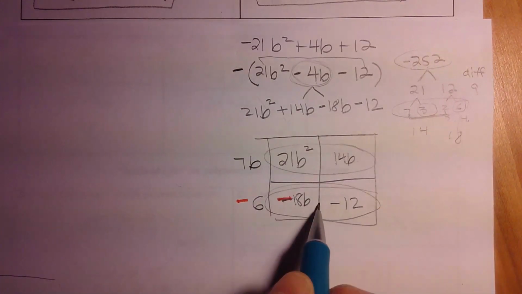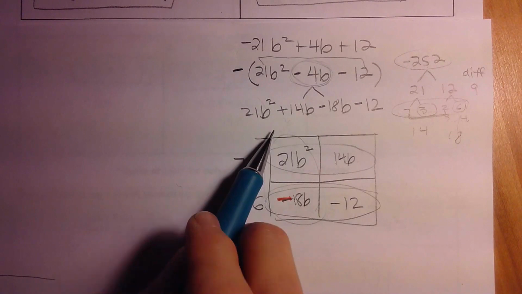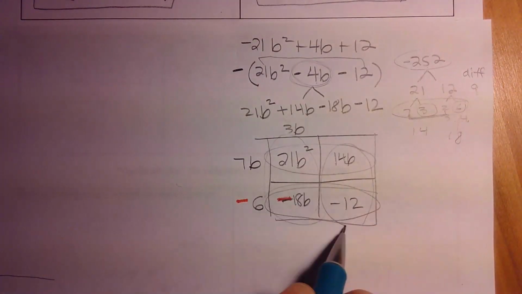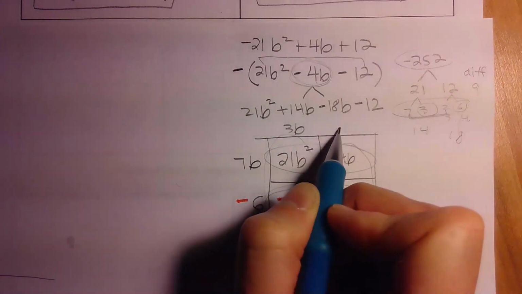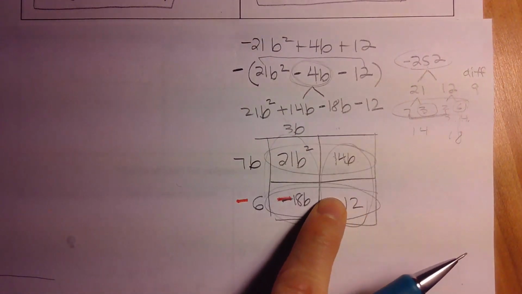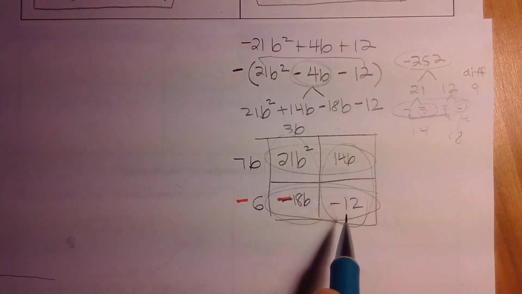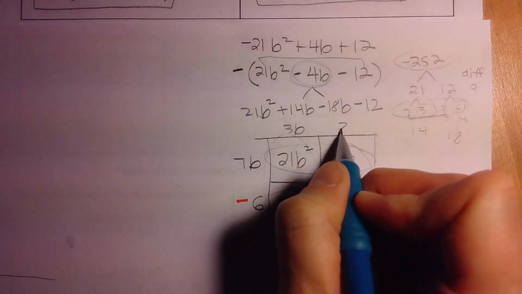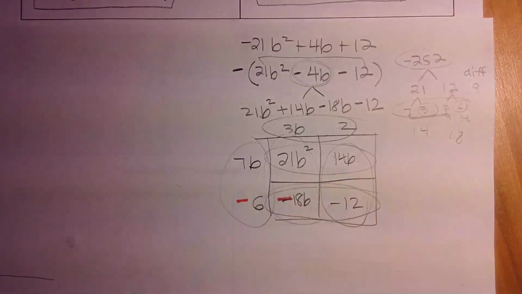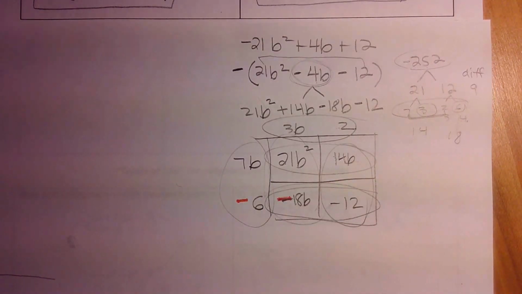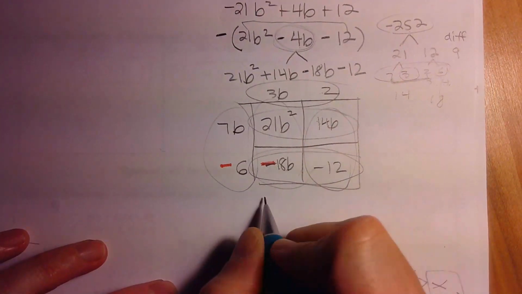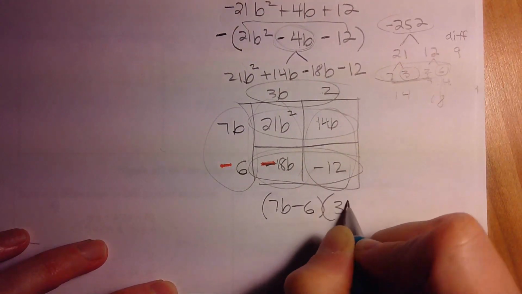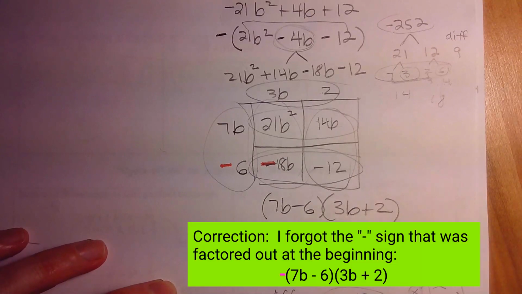And then if we go vertically, it looks like we can get a 3b here. And right here, because this is positive, this is going to factor positive. The negative on that 12 has no bearing on what gets factored out. And that looks just like a 2. All right, so these end up being my factored binomials. So it should be 7b minus 6 times 3b plus 2.